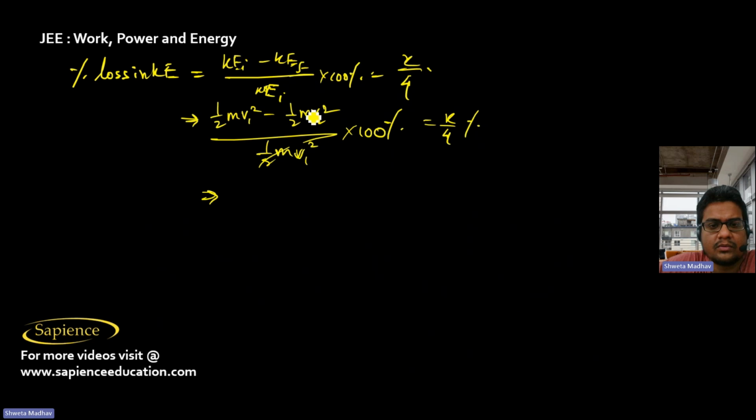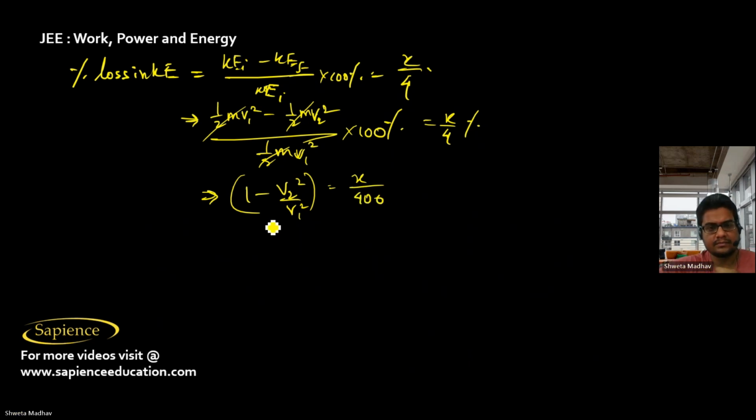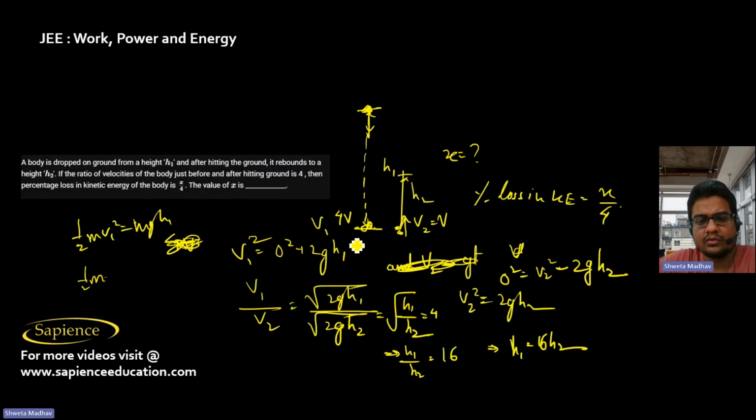So m by 2 I can cancel out. So this is 1 minus v2 square by v1 square, which is equal to x by 400. So x by 400 is equal to 1 minus v2 square by v1 square.